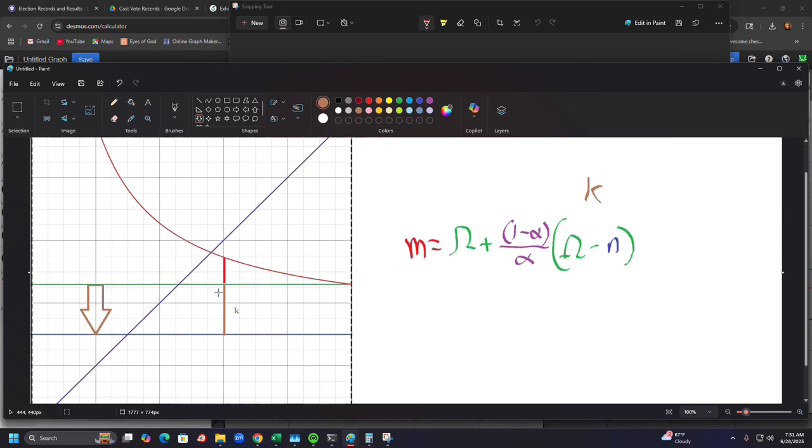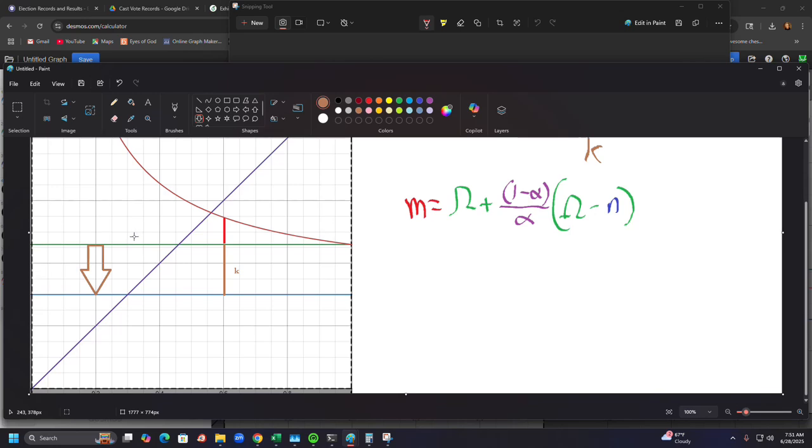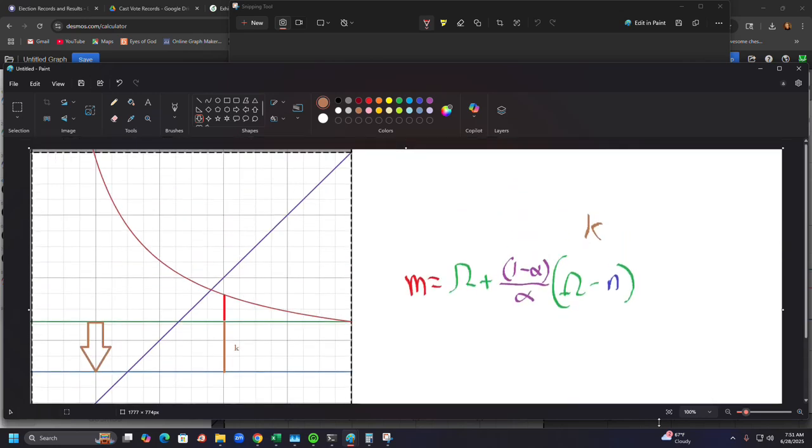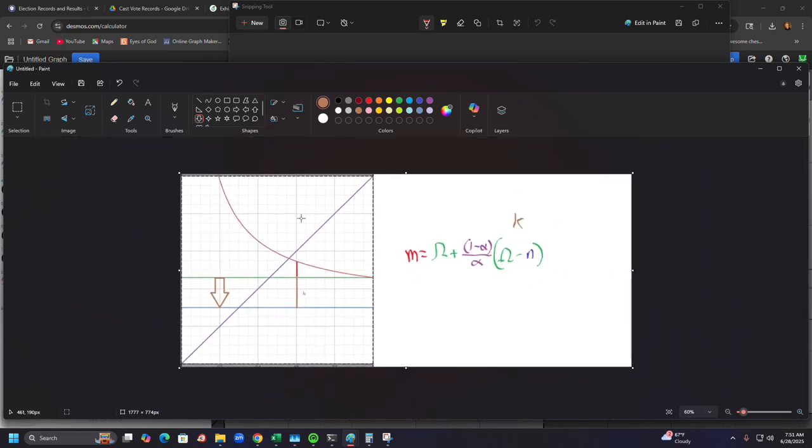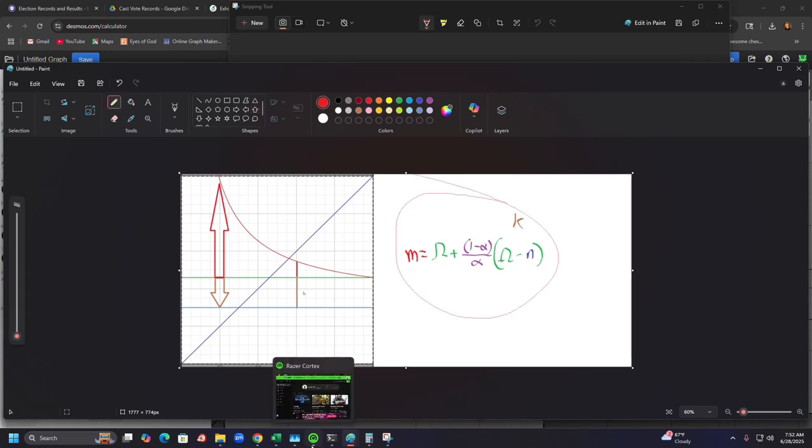But the Trump to Biden ratio is quite small out here. Okay. So the inverse proportion means that red is going to be way, way up here, because we have to reflect over the green line. Okay, this is a reflection law right here. I call it the hyperbolic reflection law because it's ultimately a hyperbola.